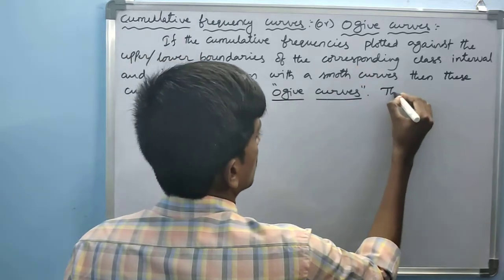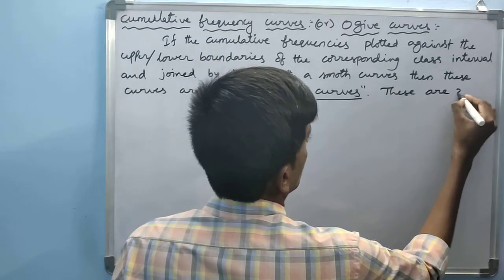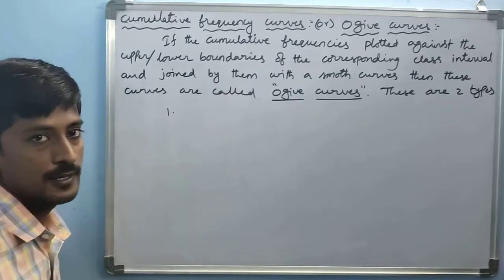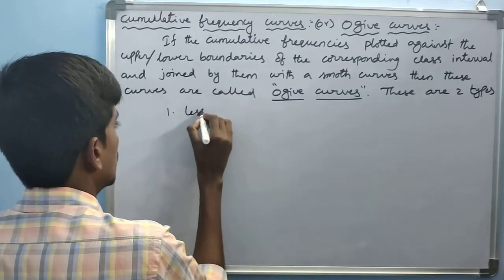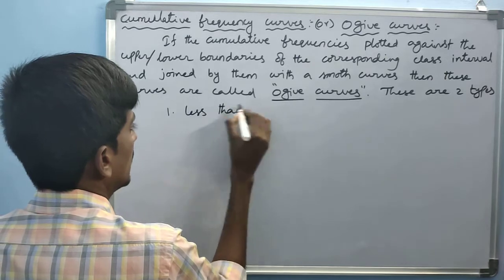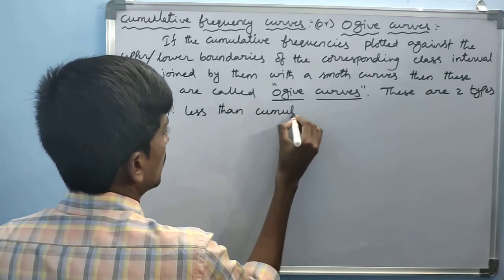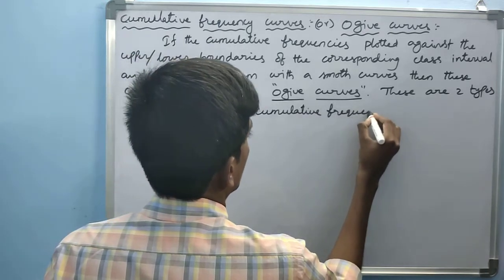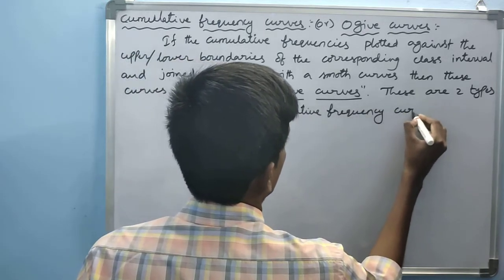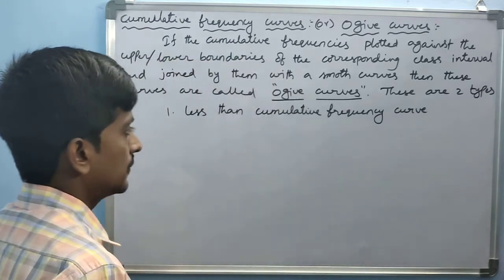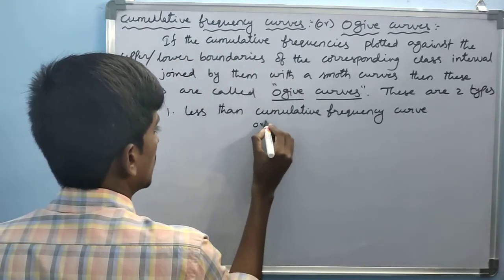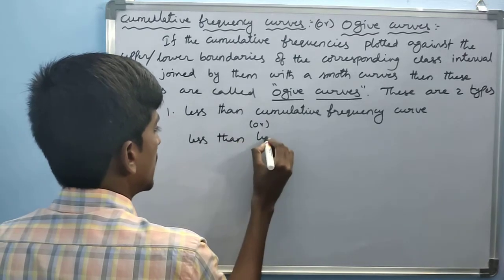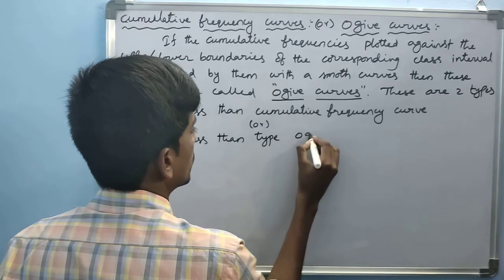These are of two types. The first one is the less than cumulative frequency curve, or less than type ogive.